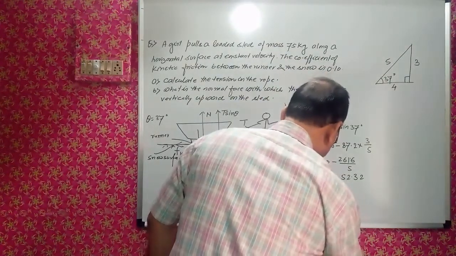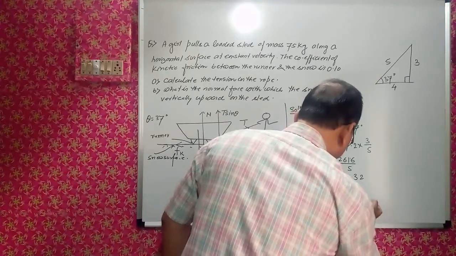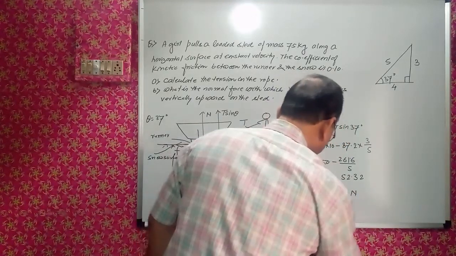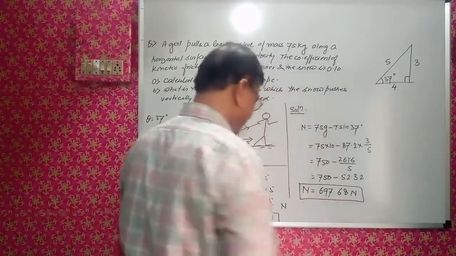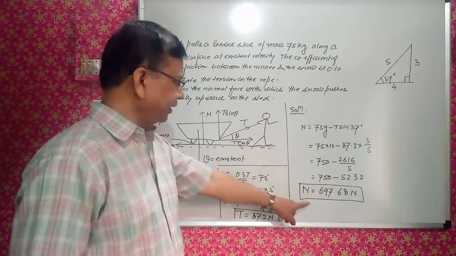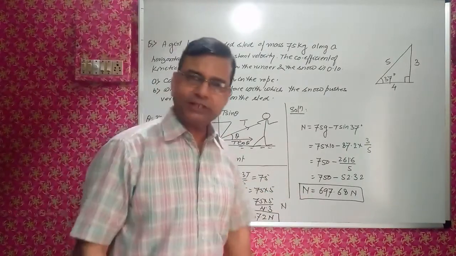So that is equal to 697.68 Newton. This is the normal reaction. So this way we have found the tension in the first case and the normal reaction in the second case. So this is the solution of these two questions.